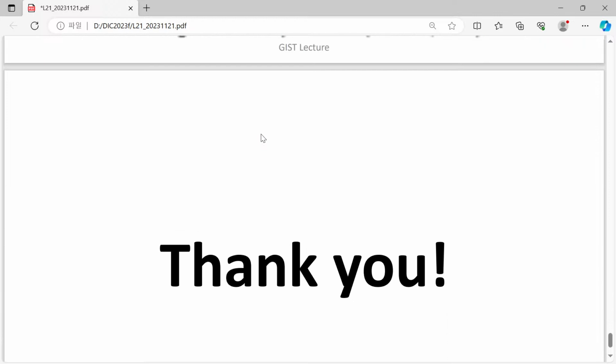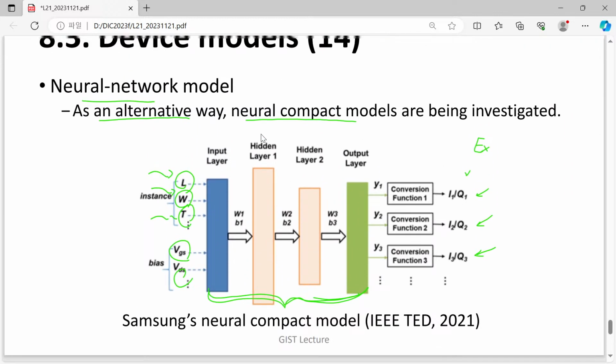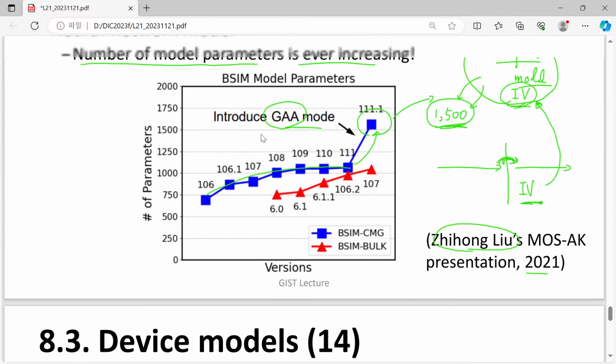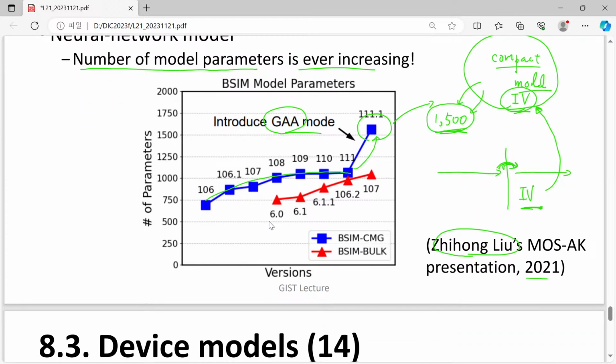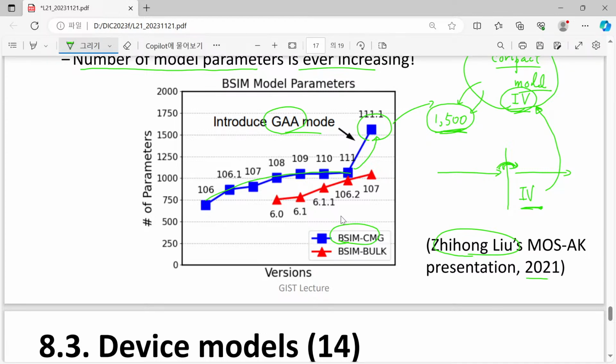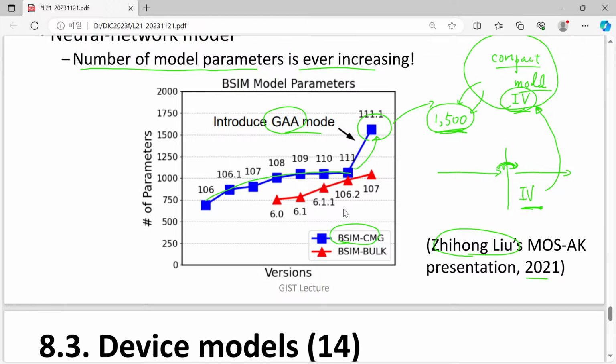Okay, I think that's it for today's lecture, especially on MOSFET device models, and I have put a lot of emphasis on the BSIM-CMG model, the model we are currently using. And everybody complains about the slow speed of the BSIM-CMG model. Although it is really well written, still the speed of this model determines the speed of your SPICE simulation.